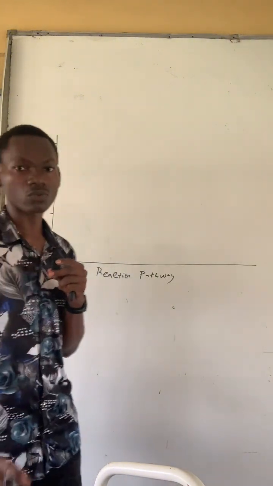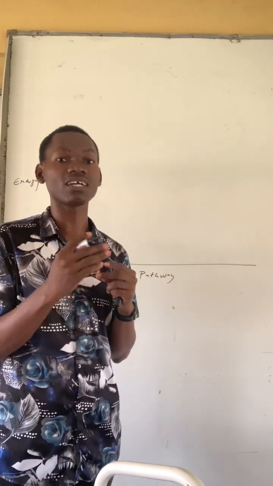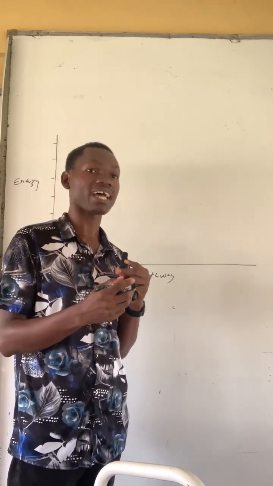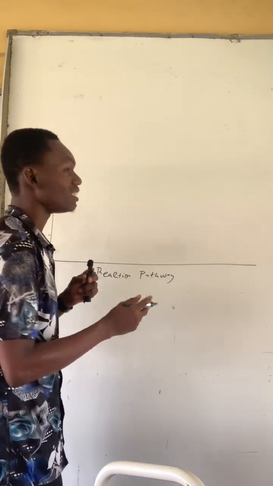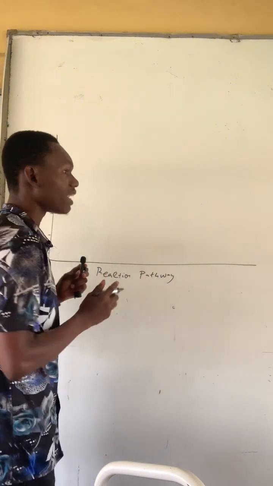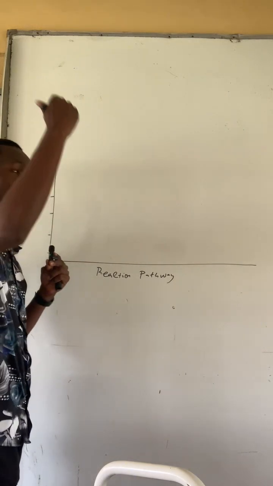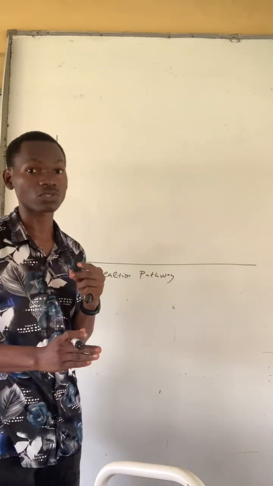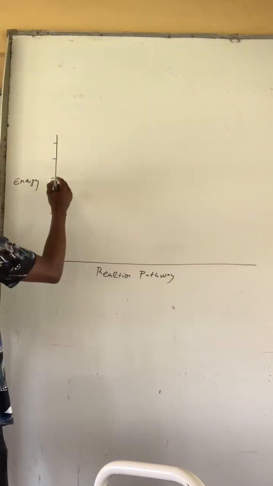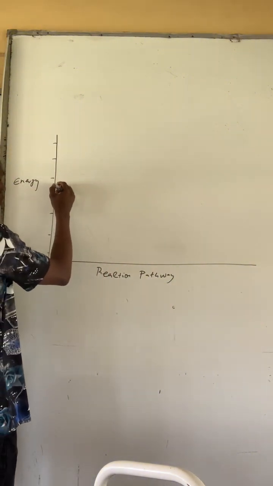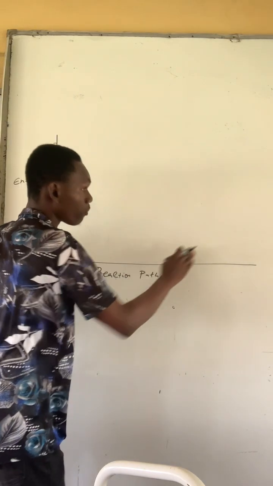In the question, we are told clearly that the reaction is an exothermic reaction. And we know in an exothermic reaction the enthalpy change is negative, meaning that the energy of the reactant is higher than the energy of the product. So in an exothermic reaction, the reactant starts from a higher energy than the product.